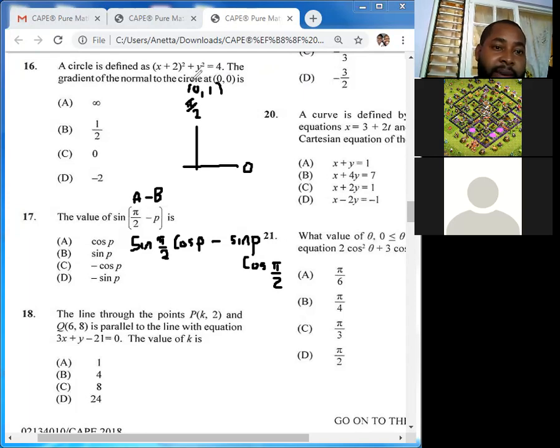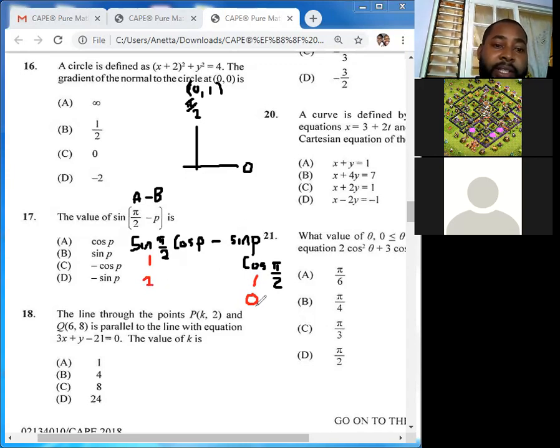First term is always cosine. Second one is sine. So cosine of pi over 2 is 0, and sine of pi over 2 is equal to 1. Alright?